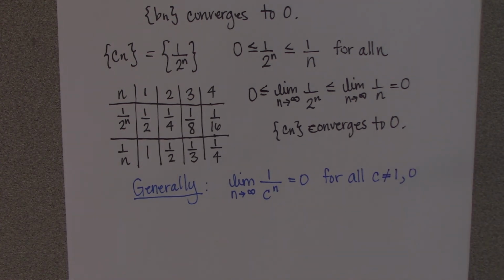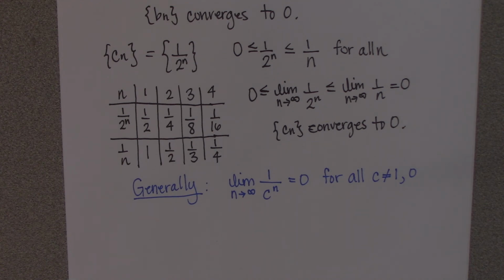So this is true for any constant c that's not 0 or 1, because 1 raised to the n is just 1, and you would get 1 over 1, and that's not 0, right? And then you clearly can't have 0 in the denominator. So if you're doing a problem and you got 1 over 3 to the n, you can just tell me the limit's 0. You don't have to go through and prove it, but you're wanting to see that you can prove it using the squeeze theorem.